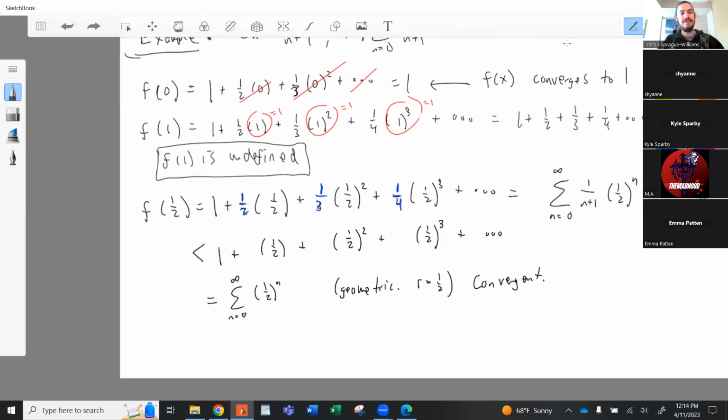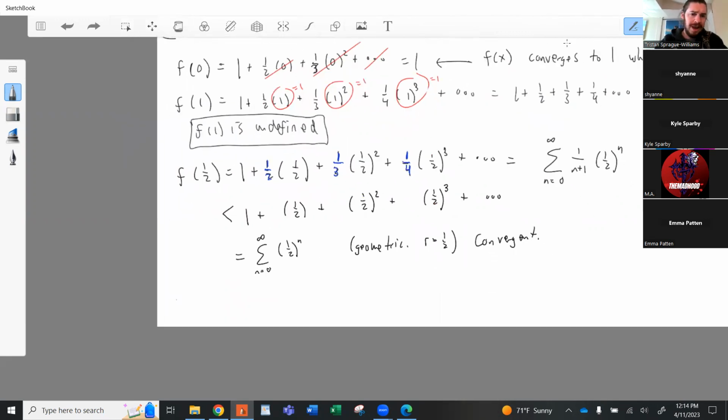So what we're seeing here is we made it bigger, and so by comparison to this larger series which converges, this series must also converge. It does satisfy the requirements of the comparison test because these are all positive terms. They are decreasing in value, so we're all good there. So I can say that f of 1/2 converges by comparison test.